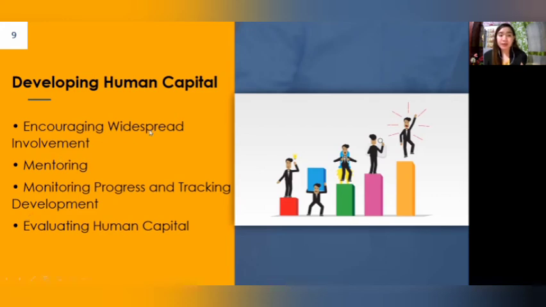Here we have encouraging widespread involvement, mentoring, monitoring progress and tracking development, and evaluating human capital. As a manager, as the employer, it is your responsibility to give mentoring, seminars, or workshop training programs to your staff, your human capital, your human resources.